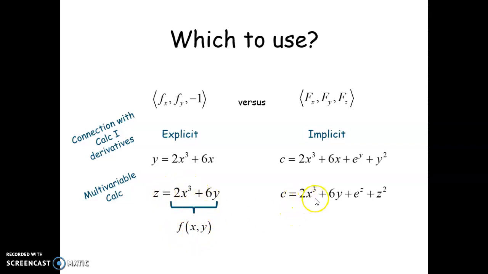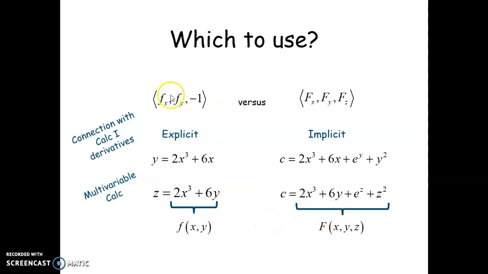Now when we can't solve for z and have to do this implicitly in the roundabout way, we're going to call that whole left side capital F, and it's going to be a multivariable function of x, y, and z. C is a number. It could be any number, it could be 0. We're going to keep it on the right hand side because we're going to be doing derivatives, and just remember the derivative of a number is 0, so it goes away anyway. That's not going to be the main focus.